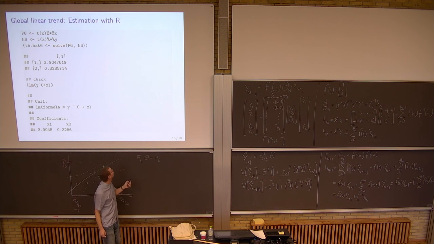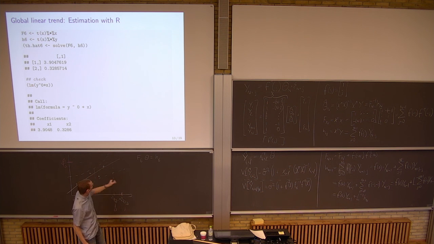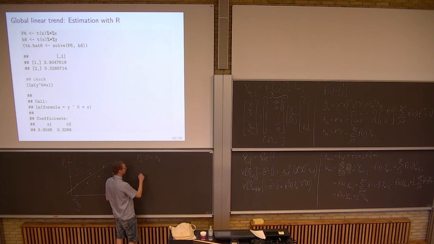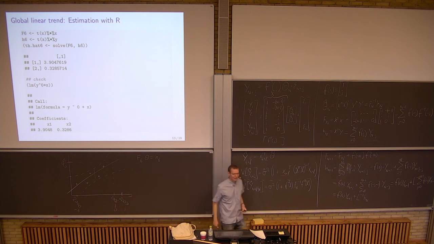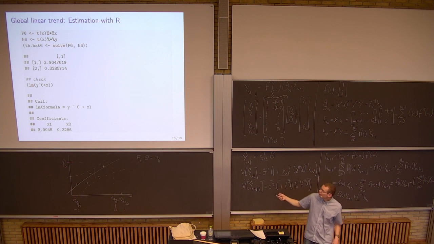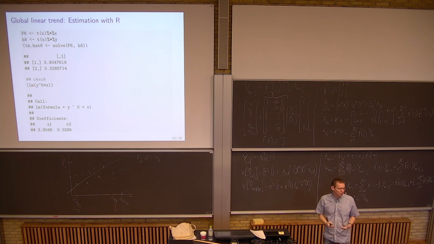Writing solve this way finds the theta that solves this directly, rather than first calculating F inverse and then multiplying on H. It's just numerically more stable. It's not that it gives anything different, but numerically it's better. You can also use solve to invert F6, but you might as well do the full operation in one go.